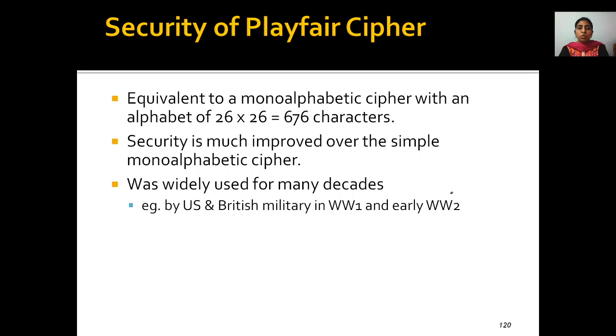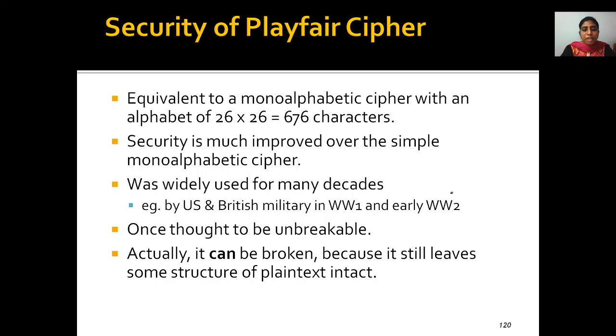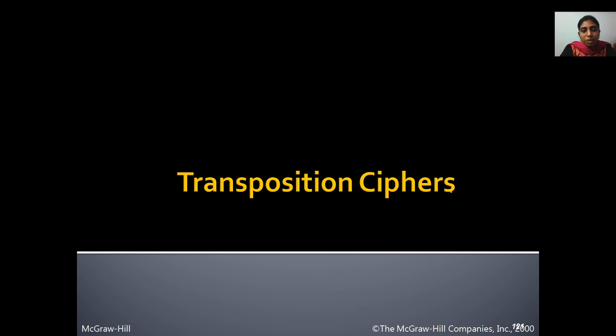For example, the US and British military used it in World War I and early World War II. Once it was thought to be unbreakable, but actually it can be broken, because it still leaves some structure of the plain text intact.